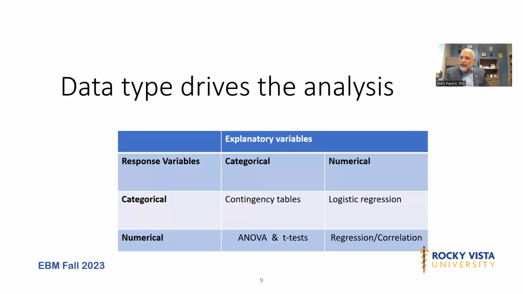If one of them was really a cause and effect thing, you could do a regression, but most of the time we're just looking at associations, which are just correlations. Right? And then the other one would be the t-test or ANOVA, where you're looking at a categorical treatment and then a numerical response. Okay?